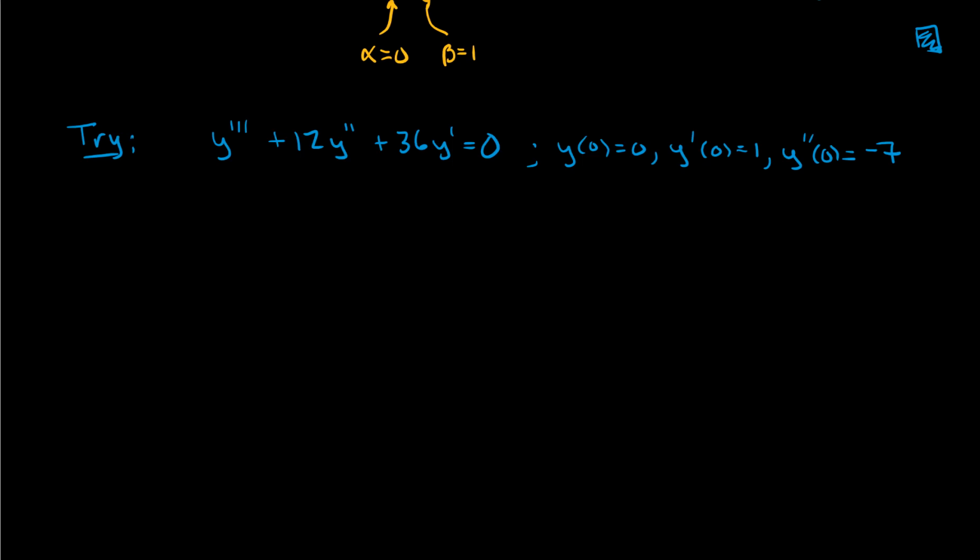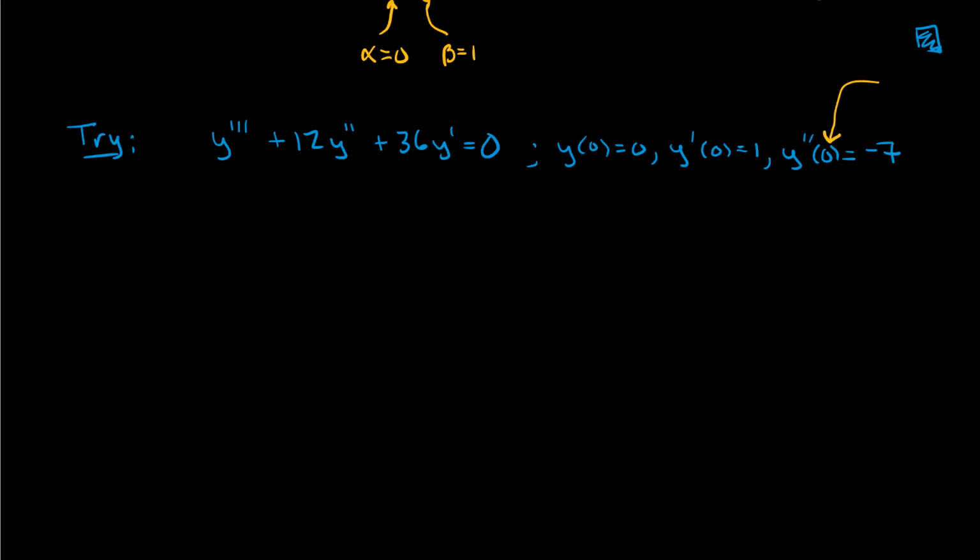By having these three initial conditions, remember we're ultimately going to wind up with a system of equations. We're going to have our general solution, and from that we're going to take our function where x is 0 and the y value is set equal to 0, the derivative of our function where x is set equal to 0 and the y value is 1.